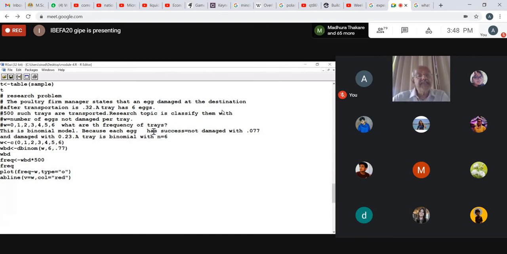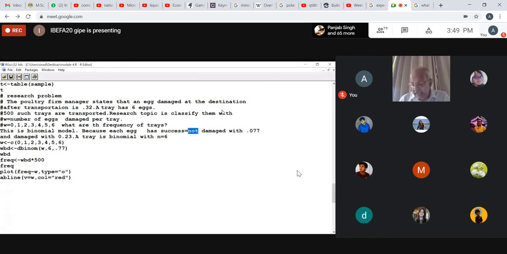A tray has 6 eggs. 500 such trays are transported. A research topic is to classify them with W instead of X, because X I have already used. W is the number of eggs damaged per tray.